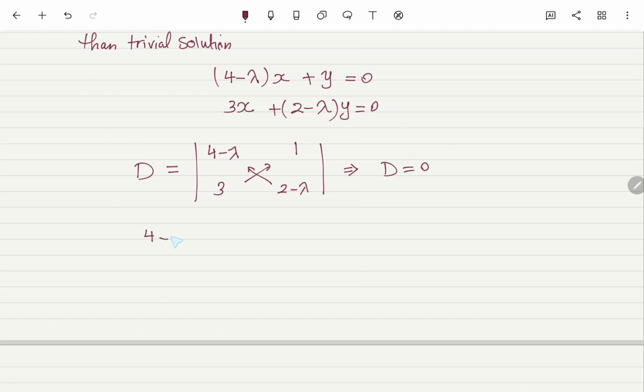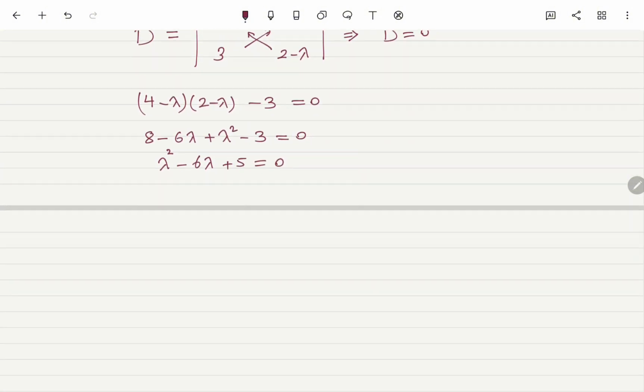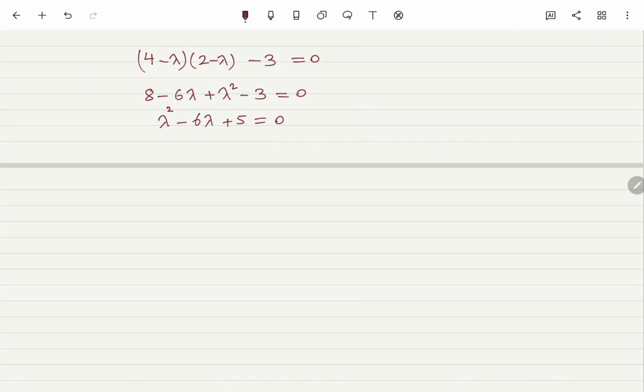So (4 minus lambda) times (2 minus lambda) minus 3 equals 0. 8 minus 6 lambda plus lambda squared minus 3 equals 0. Rearranging, lambda squared minus 6 lambda plus 5 equals 0, or we can write (lambda minus 5) times (lambda minus 1) equals 0.